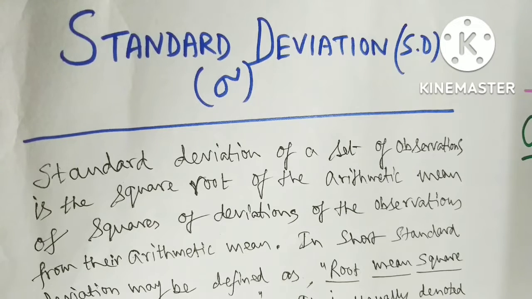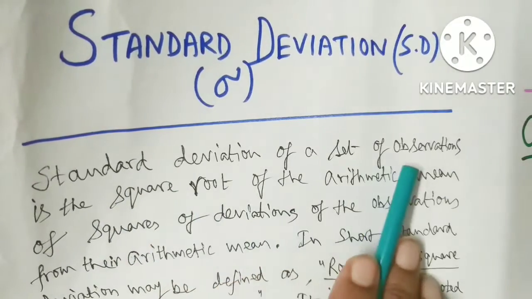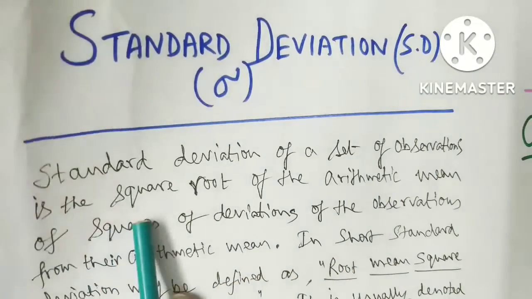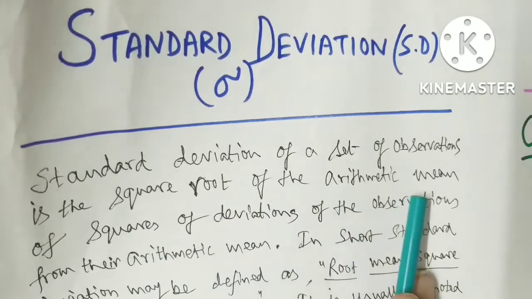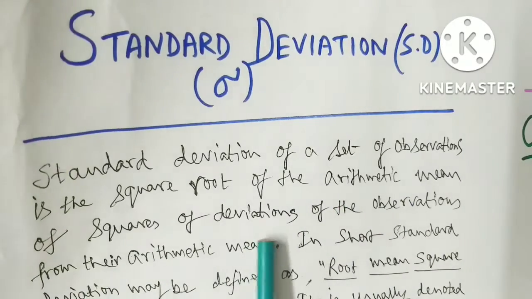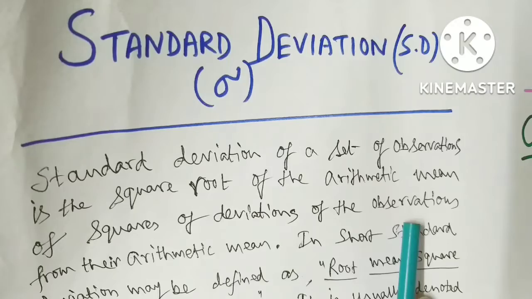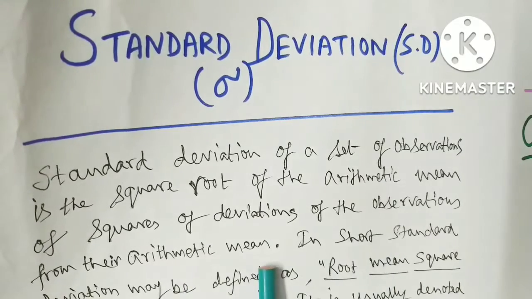In the last video, we discussed measures of dispersion, and in today's video we will discuss standard deviation. This is a part of absolute measures of dispersion. Standard deviation of a set of observations is the square root of the arithmetic mean of squares of deviations of the observations from their arithmetic mean.